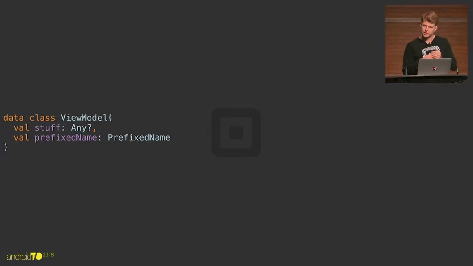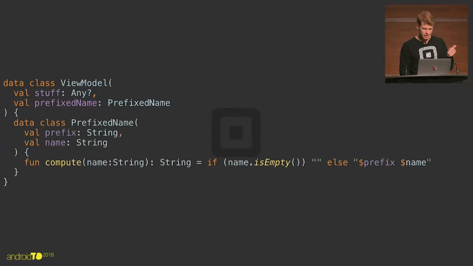And the view model should be sufficient for the view to render anything. If, in order to render something, you need to fetch some other data, something is wrong, you need to put that payload in an earlier step inside the stream. So we have some stuff we don't care about, and the prefix name that I create a small class for, and then we compute just to render the name.